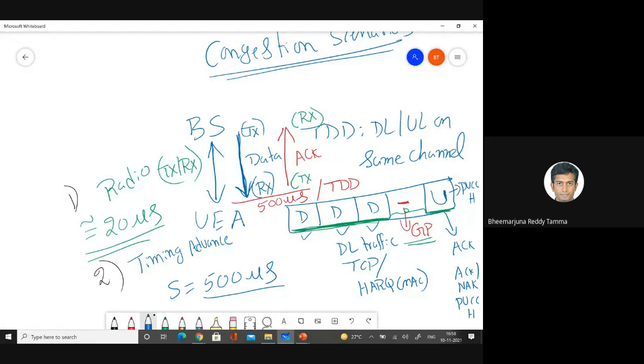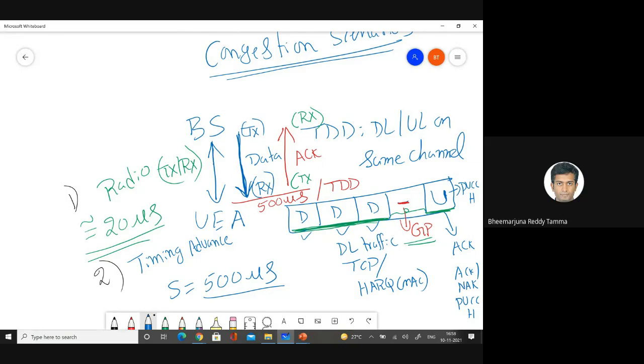Let's assume that there are two students. One of them is commuting from the hostel, and the other one is commuting from the city, and we have a meeting at 11 o'clock in the campus. And tell me who has to start first, from his home or from his room? The one living in the city. So that is what timing advance is about.